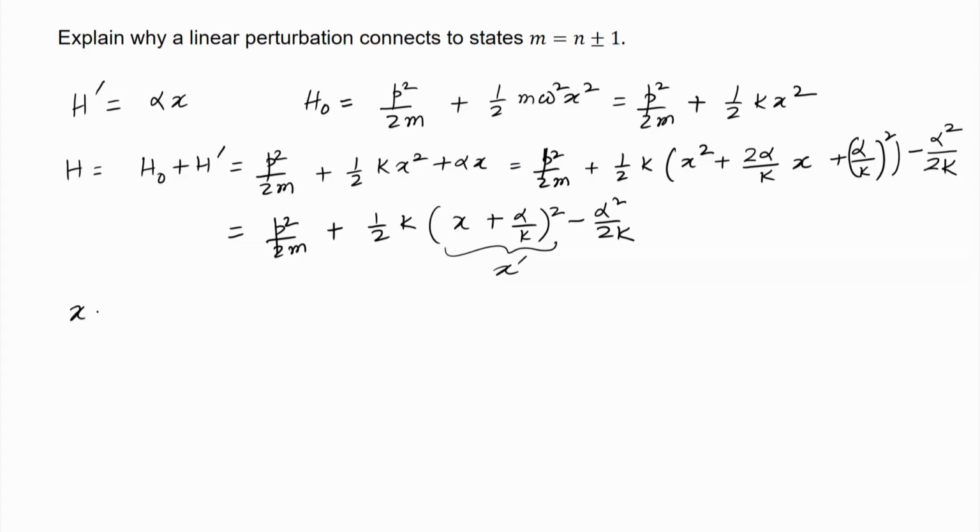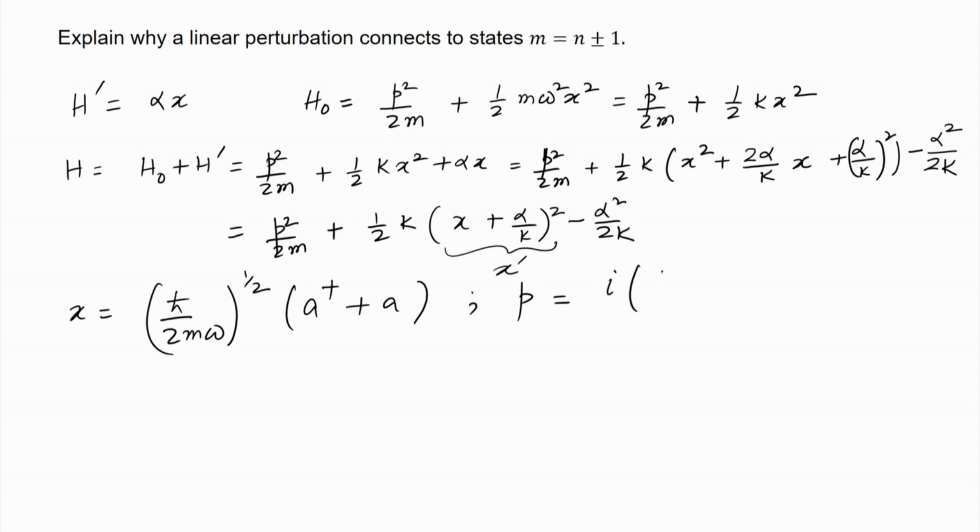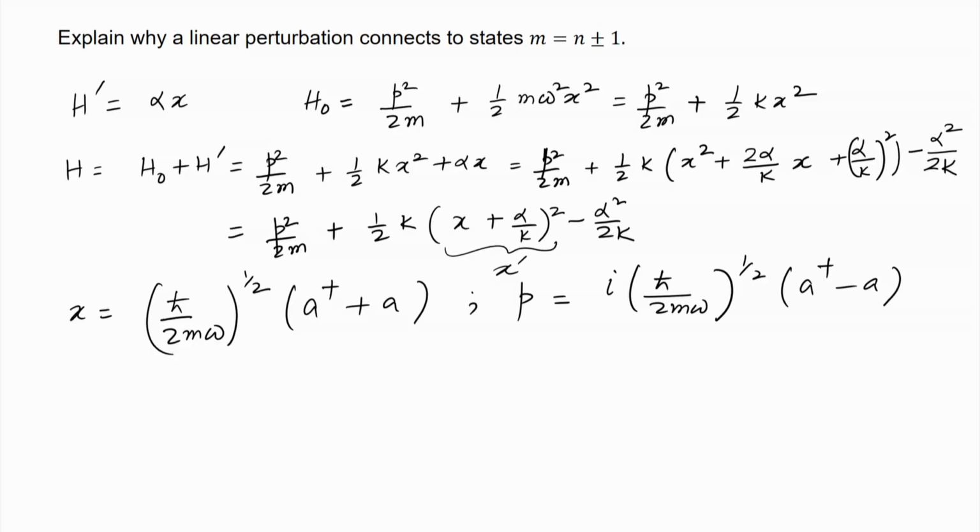So, x is equal to h cross by 2 m omega whole to the power half times a dagger plus a, and p also has an i into h cross by 2 m omega whole to the power half times a dagger minus a. Those are the definitions of x and p in terms of a and a dagger, and these a and a dagger are bosonic operators.